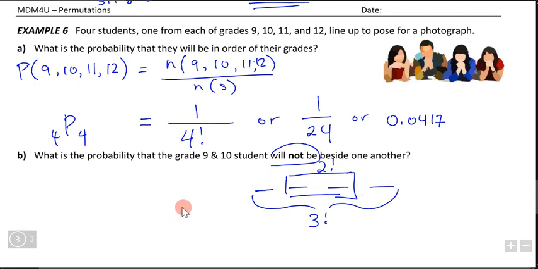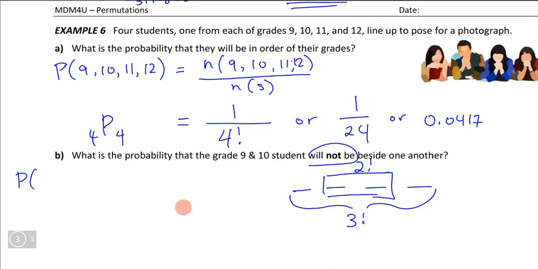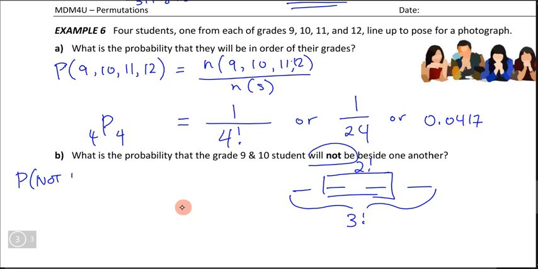And so I'm going to start by looking at the probability that they're not together being equal to 1 minus the probability that they are together, because it's easier to calculate the probability that they are together.